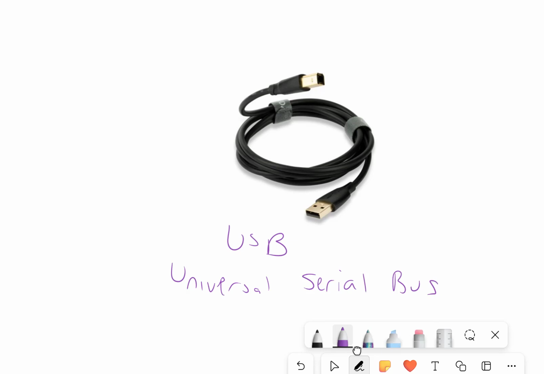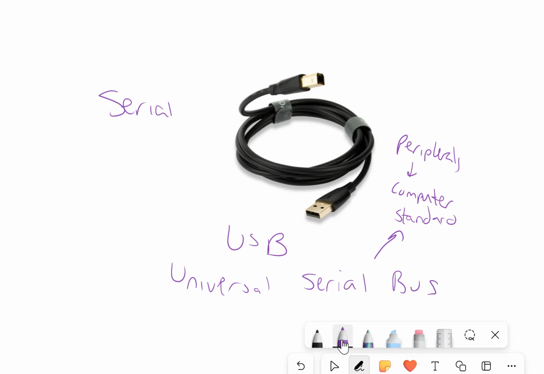But what is it? Well, it's actually known as what's called a standard, which means that companies have to use the same technology when they are using a USB. It allows us to connect peripherals to a computer. And it uses serial data transmission to basically communicate between a device.